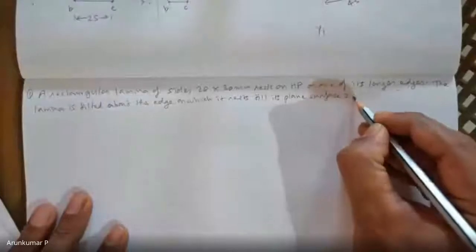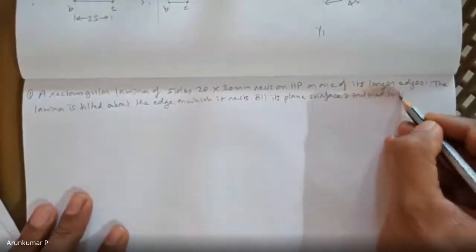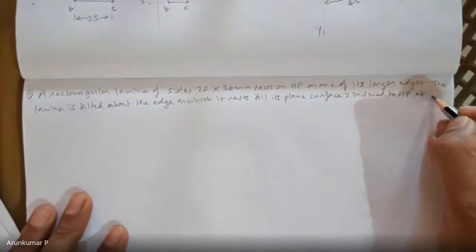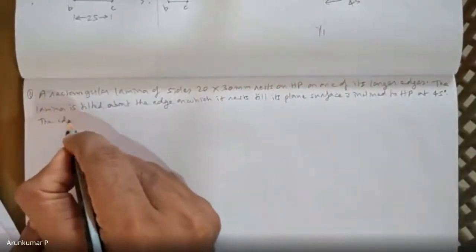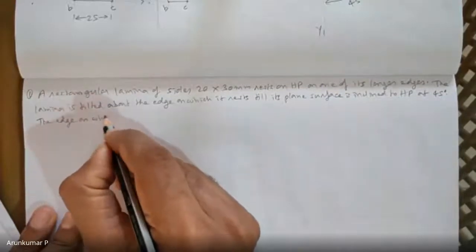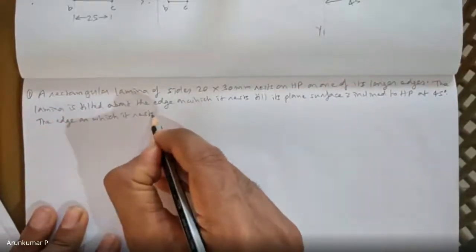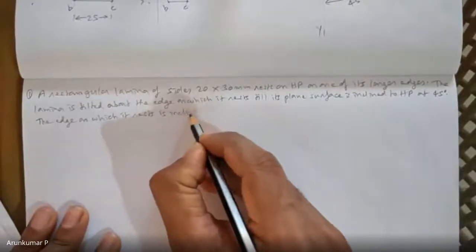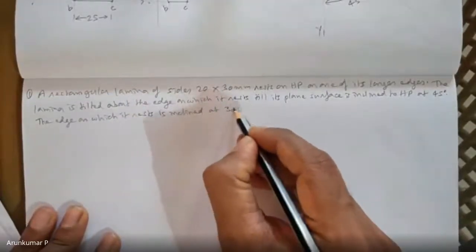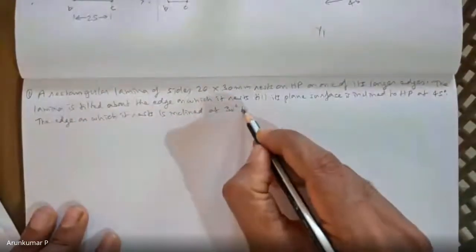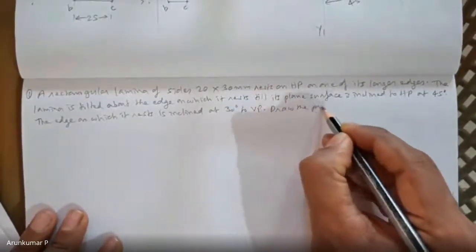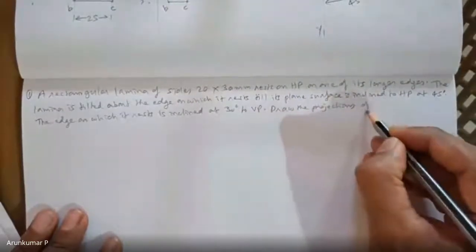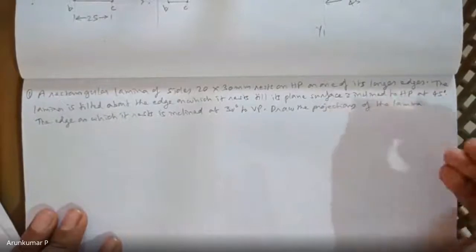The edge on which it rests is inclined at 30 degrees to VP. Draw the projections of the lamina.